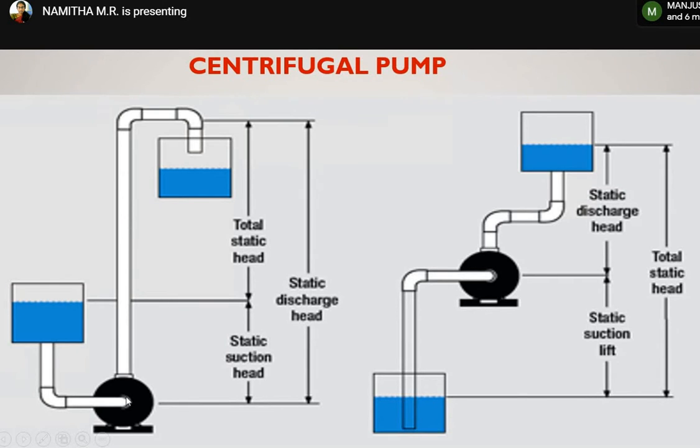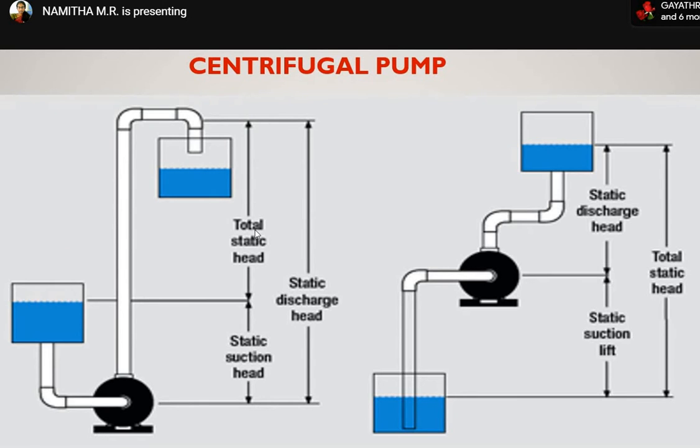And the center of the pump to the delivery end is known as static discharge head. Okay, center of the pump to the delivery end is known as static discharge head. And the distance between these two water levels, that is, this is our delivery end and this is our suction end, so the distance between these two water levels is known as total static head.